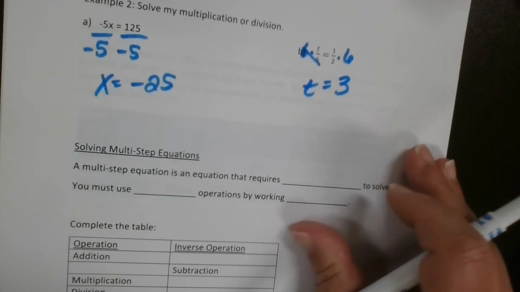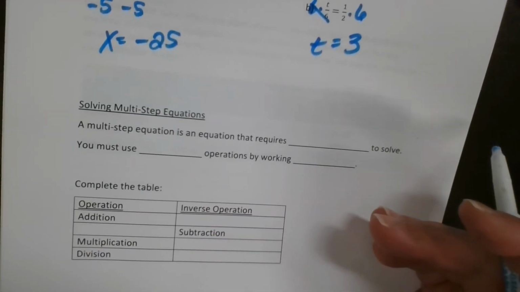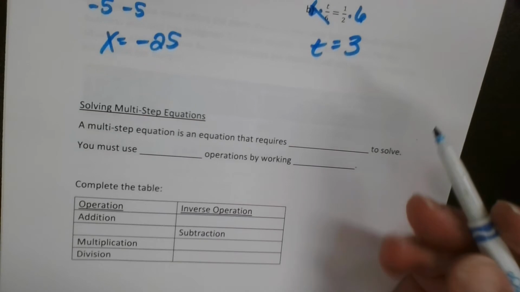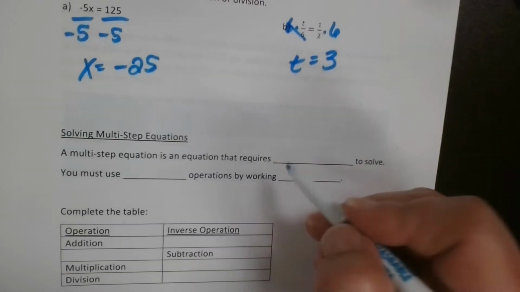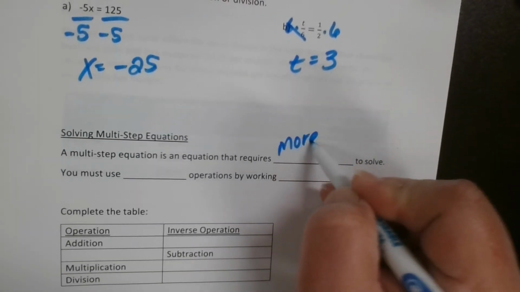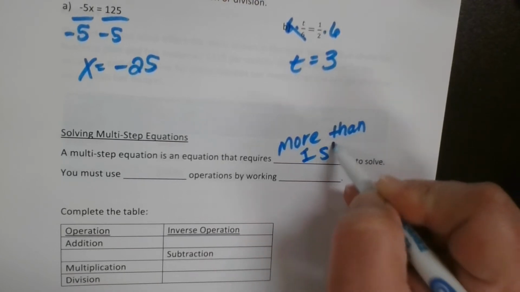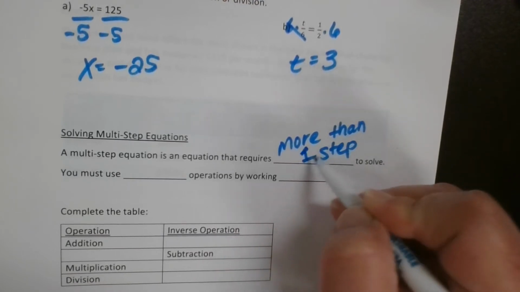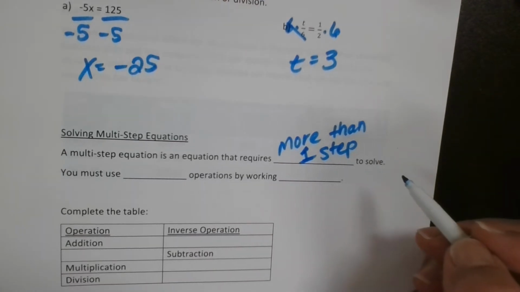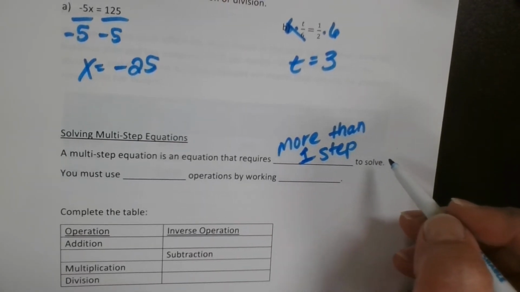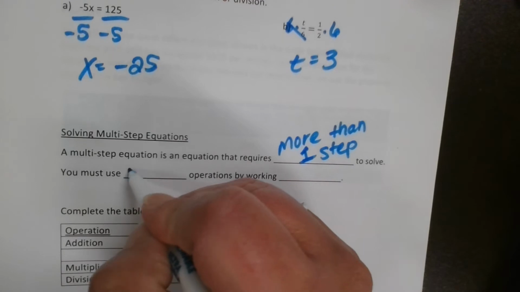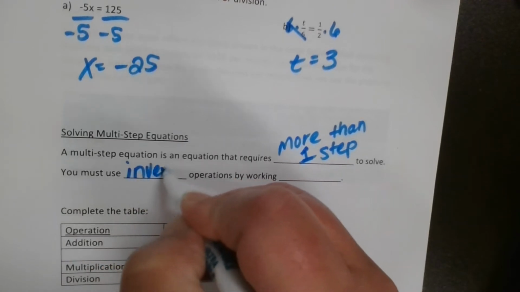All right, moving on. Multi-step equations is just an equation that requires more than one step to solve. So you must use inverse, that's the next word that we're going to talk about for a minute.